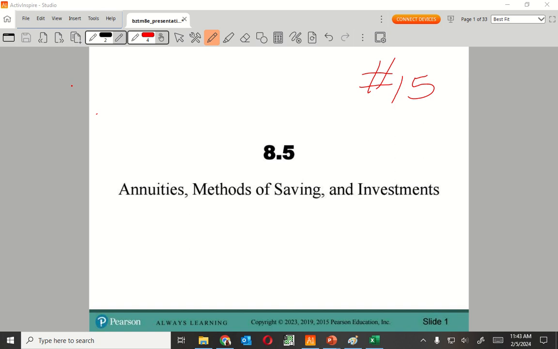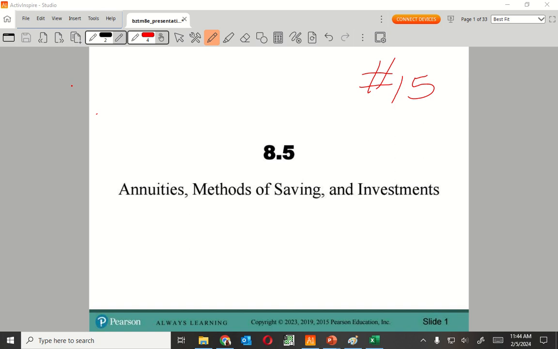Now, previously, we've been doing borrowing money. I know everyone's paying attention right here, not staring at your computer right now. Whenever we borrow money, I want my future value to be zero.